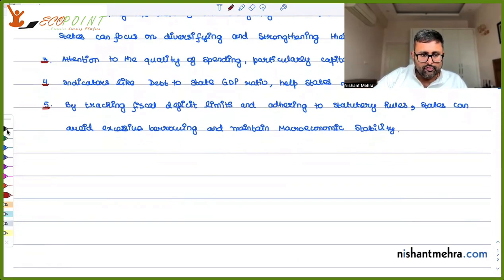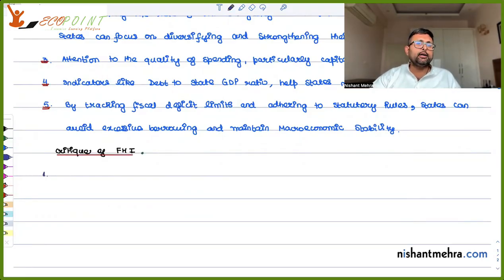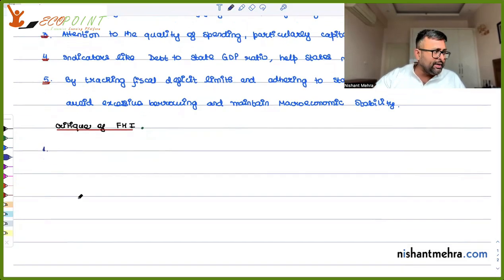Small critique of fiscal health index. One of the critiques is that when you look at the fiscal health index, you'll find that it is creating competition between states. Instead of creating cooperation between states, it is creating competition between states.